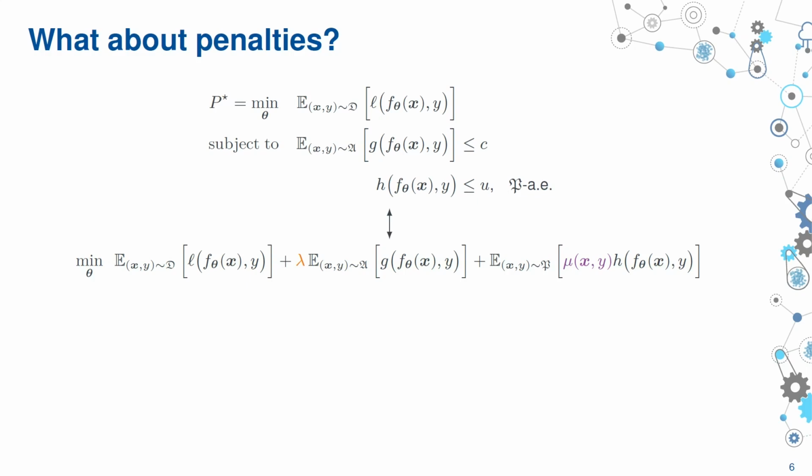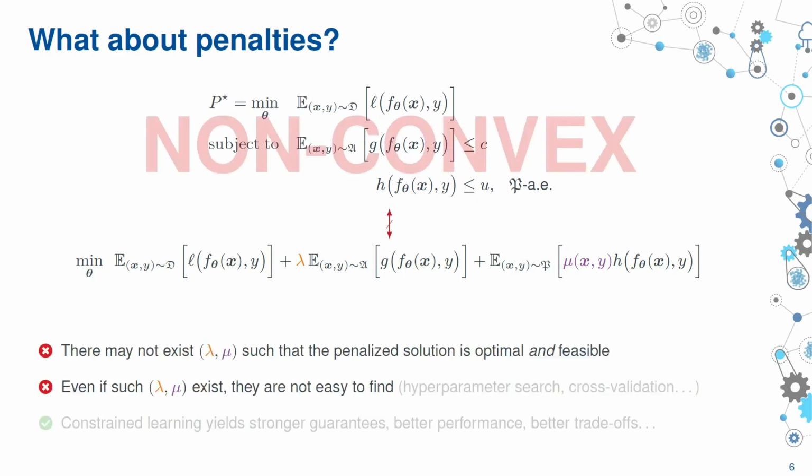The problem that we have here is non-convexity, which we already heard a little bit about this morning. Non-convexity means that there may not even exist parameters, lambda and mu here, that give optimal and feasible solutions to that problem. And even if they exist, they might not be easy to find. That is a big contrast to convexity, where under very mild conditions like Slater's condition, we can show that strong duality holds, and therefore these parameters exist, and they're often not too hard to find, okay?